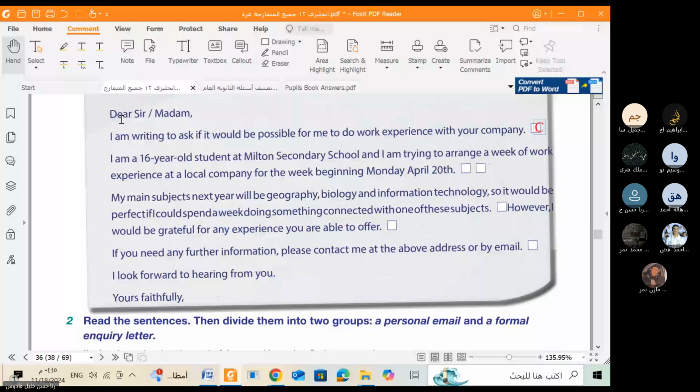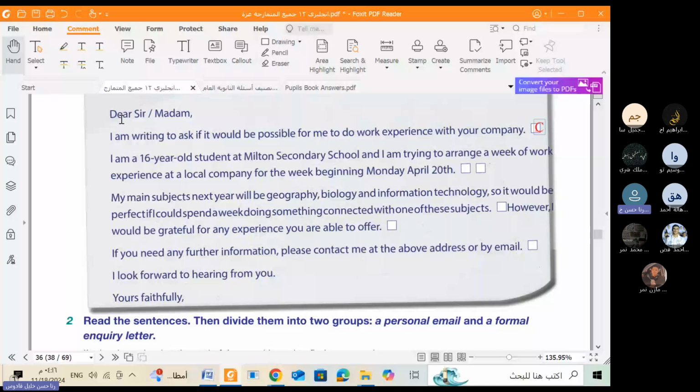It's formal. Formal. A formal letter, you send it to someone for a purpose. You don't have a close relationship with him, or here you want something that is related to a job, to a problem, something like that. It is not for someone from your family or your friends. So it's a formal letter.